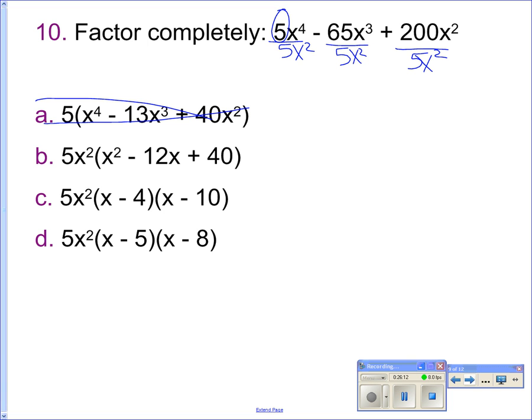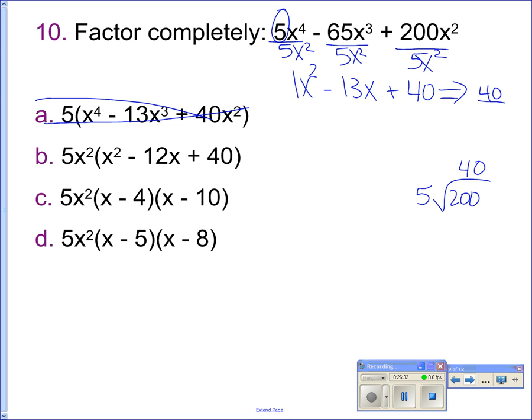Okay, so when I divide this, I get 1x squared, negative 13x, and then here, let me do some long division real quick. 5 goes into 20, and 5 goes into 0. So you get positive 40. So I kick out the 40. What times what gives me 40? 8 times 5, what else? 40 and 1, what else? 10 times 4, thank you.